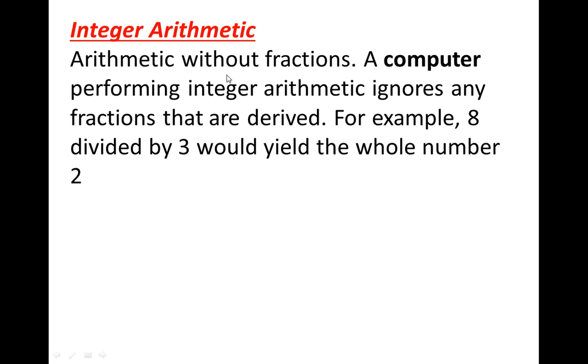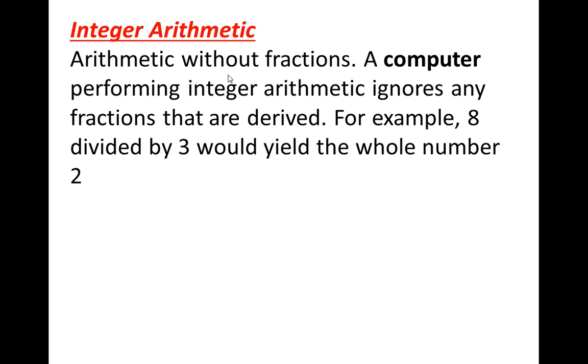This is arithmetic without fractions, means integer arithmetic is nothing but arithmetic without any fraction, there is no decimal place, only the integer value counts. Next, a computer performing integer arithmetic ignores any fraction that arises from division. Suppose I am adding two numbers and by chance a decimal number arrives, so integer arithmetic discards or ignores the fraction part. For example, 8 divided by 3 would yield the whole number 2.